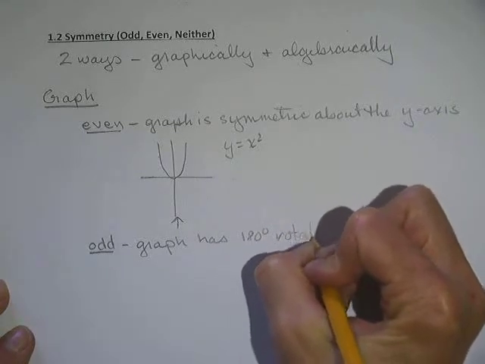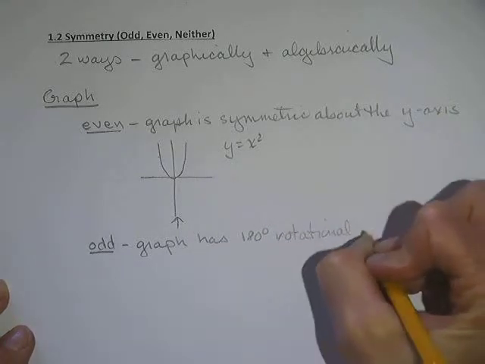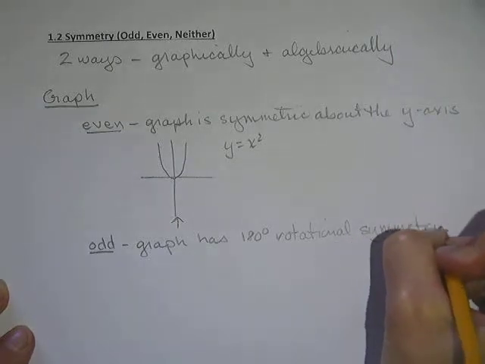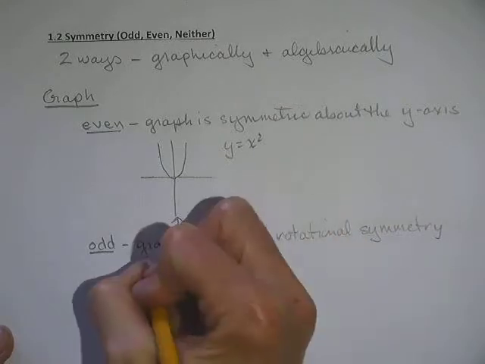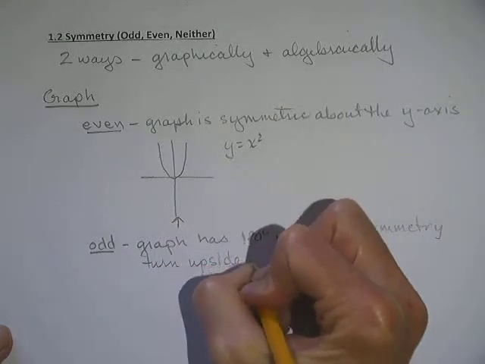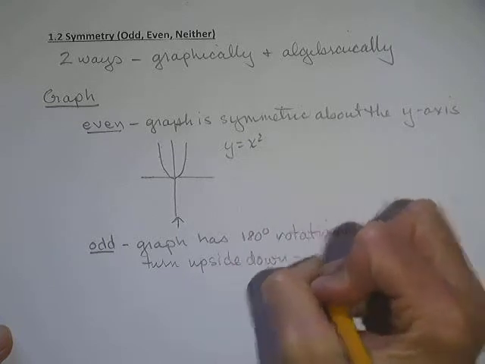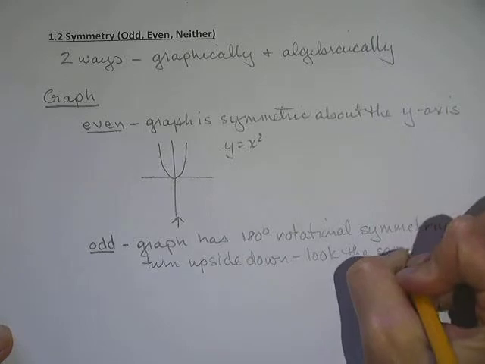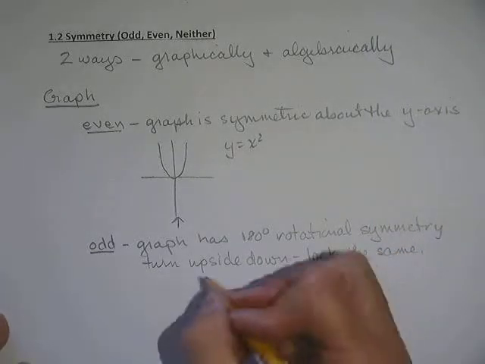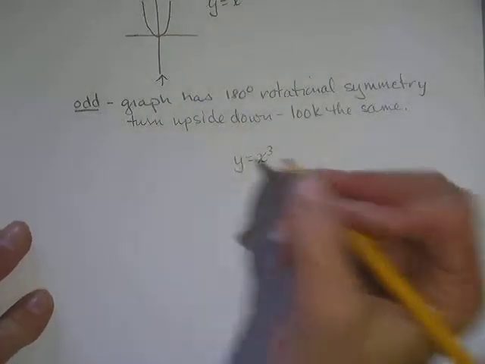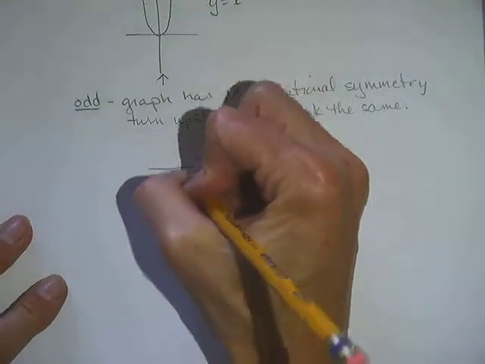If something is odd, the graph has 180-degree rotational symmetry. What does that mean? That means that you can turn it upside down and it looks the same.